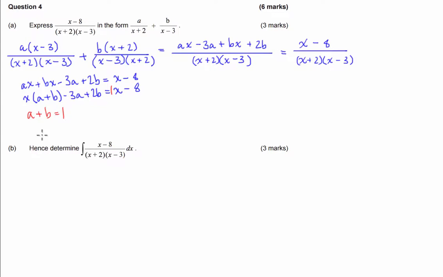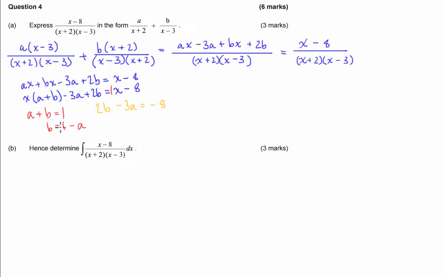We can also write that as b equals 1 minus a. Now why am I doing that? Well, on the other part of the equation, we've got 2b minus 3a equals negative 8.